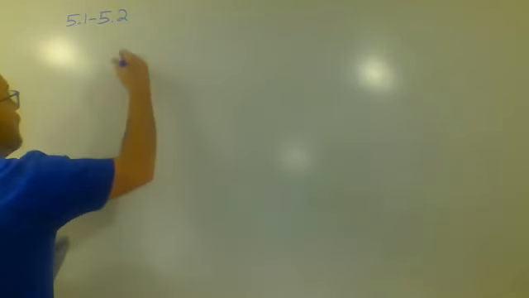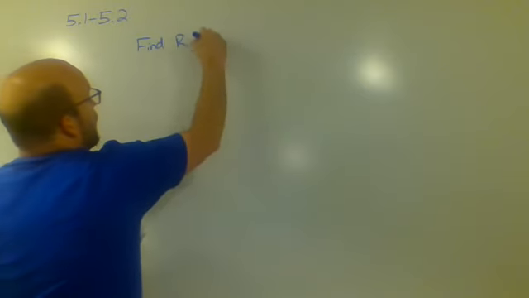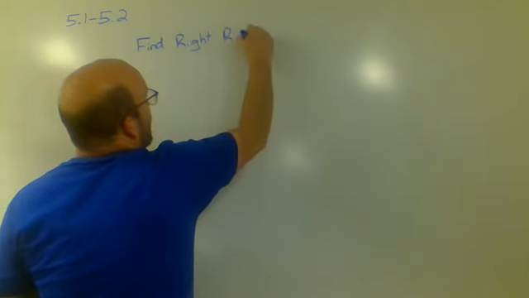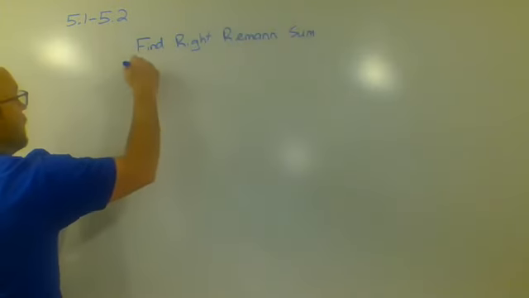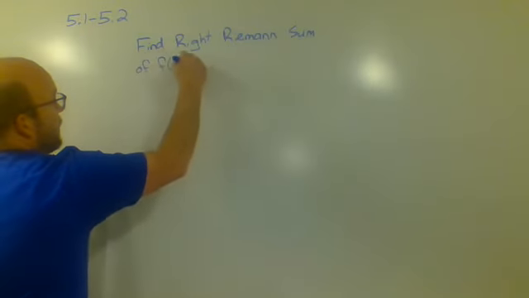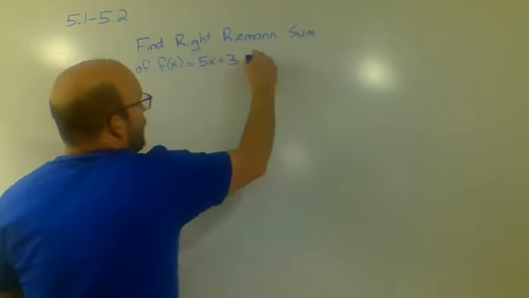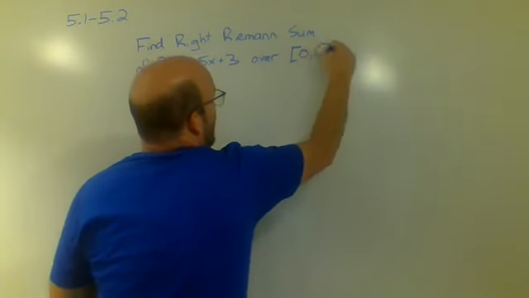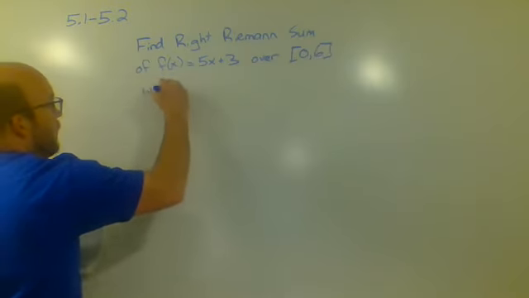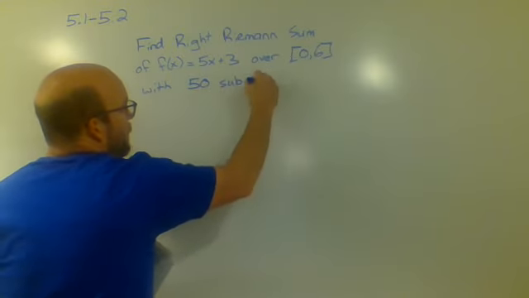And so I'm not going to draw the graph for you this time, but let's say that we're finding the right Riemann sum of f of x is equal to 5x plus 3 over the interval from 0 to 6 with 50 subintervals.